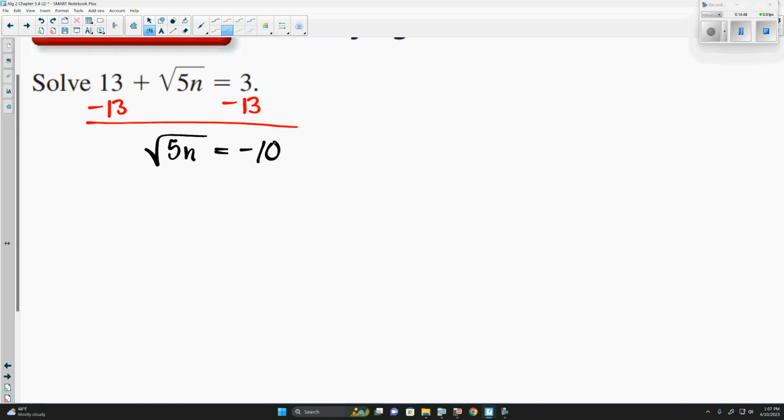If we subtract 13 from both sides, we get that the square root of 5n is equal to negative 10. So we got the radical by itself, so we can put both sides to the nth power.